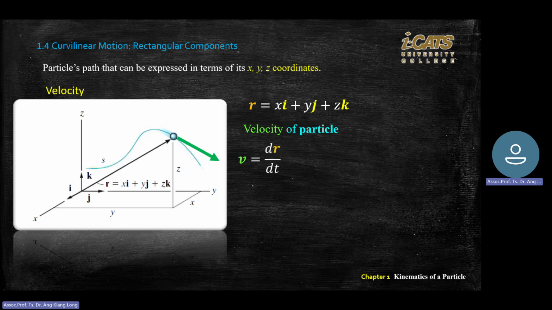So you take V equal to dr/dt. You can pull the d/dt outside, or you can put dx/dt, dy/dt, dz/dt. So you write V equal to dr/dt, and then you bracket the vector, and then you do differentiation, each of the differentiations.